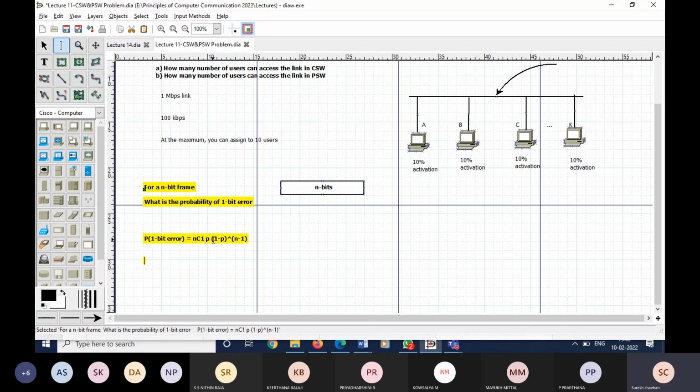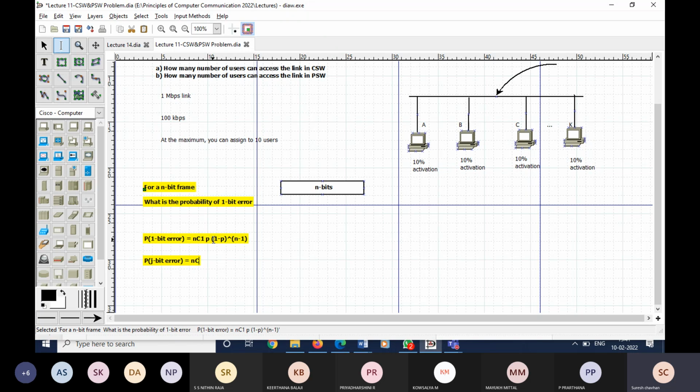And in general, if I ask what is the probability of j bit errors, it is the same thing as written above, but instead of 1 bit, I ask for j bits. So that is the generalized one.